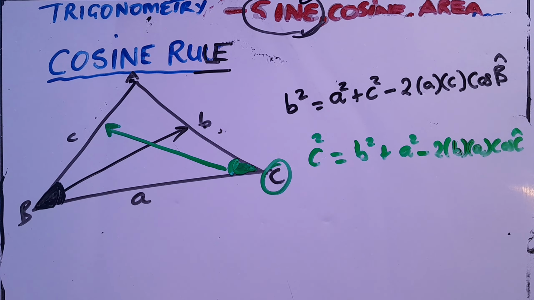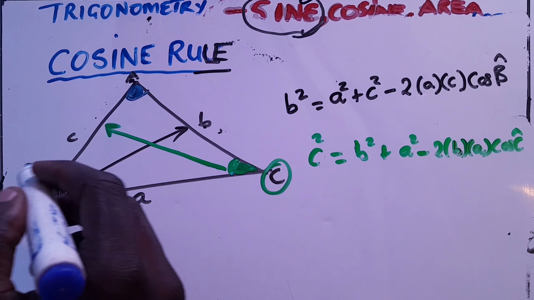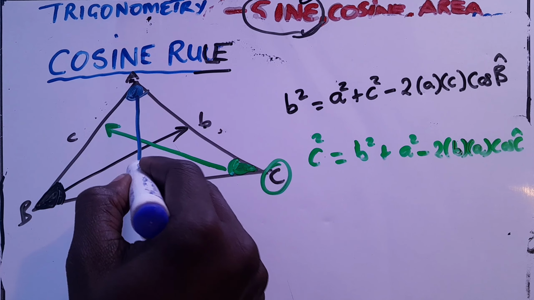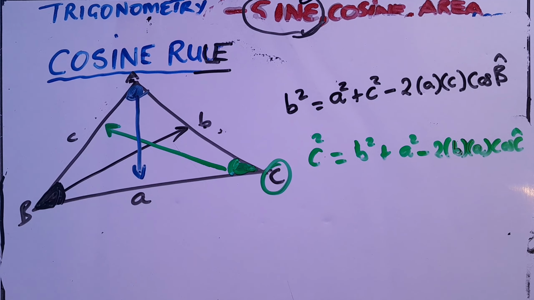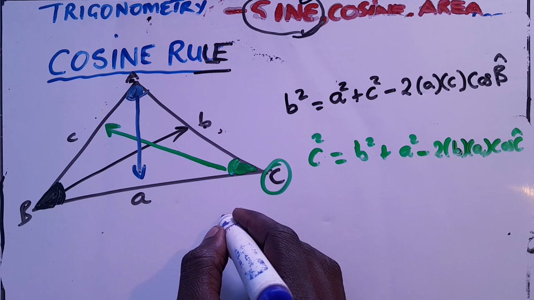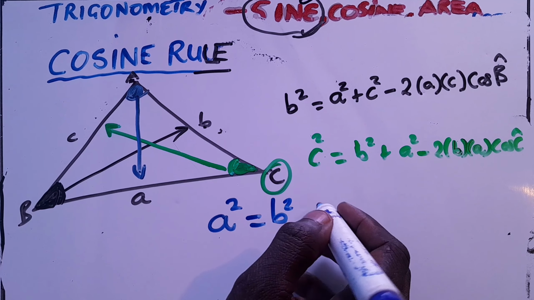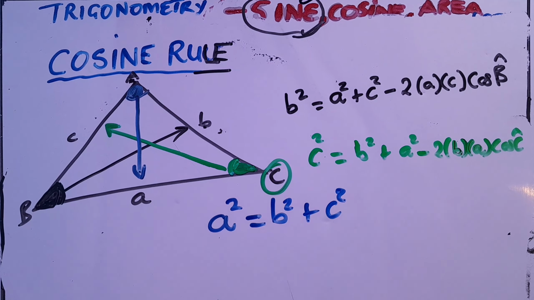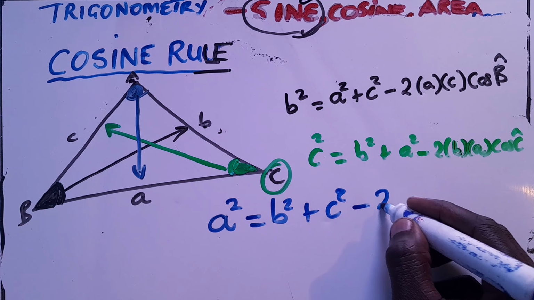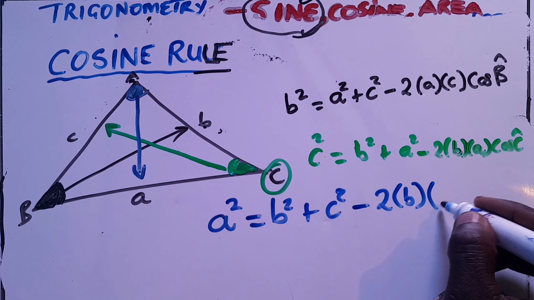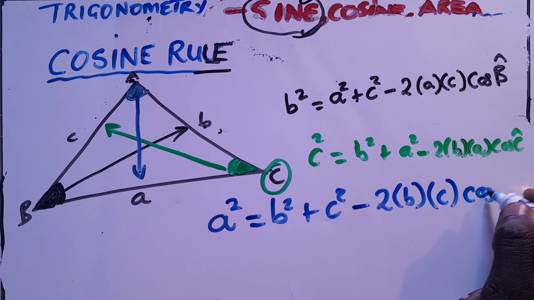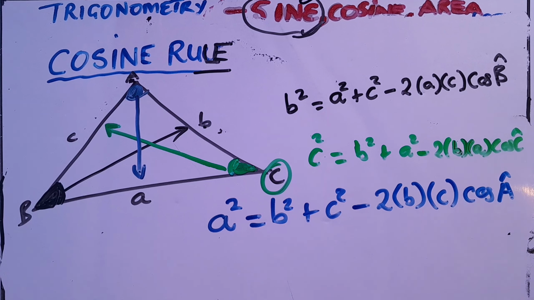So again, if we're trying to include the angle A now, we can see that A is opposite to side A. So which will give our equation something like a squared is equal to b squared plus c squared minus 2b multiplied by c, and then the cos of the included angle A. As simple as that.